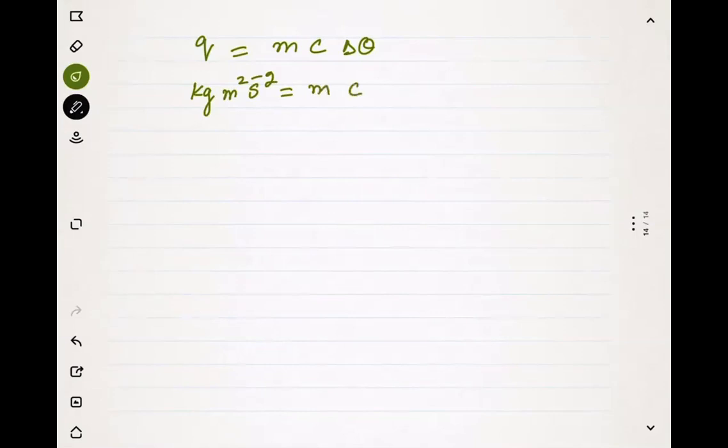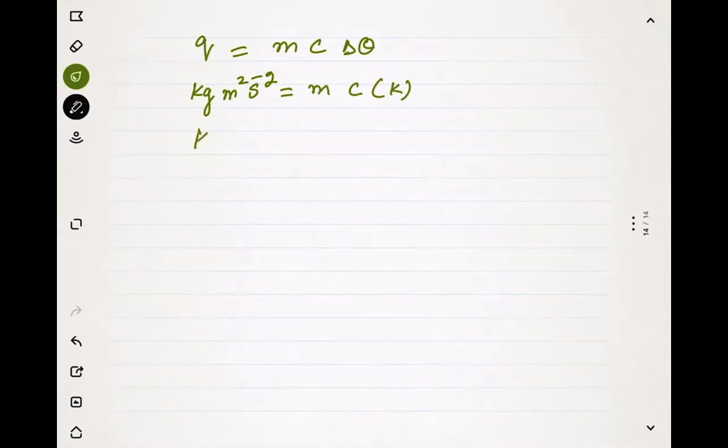I will substitute all the units. Q is equal to m into c into delta theta. So the unit for Q is kilogram meter square second minus 2. On the right hand side, it is kilogram for m, c, and Kelvin.